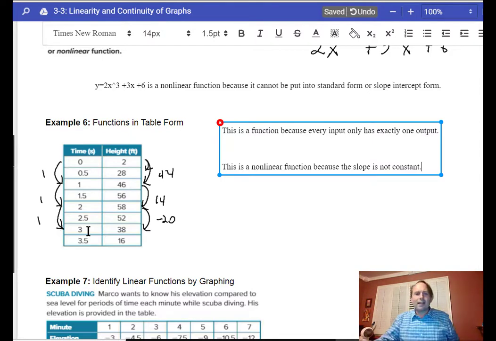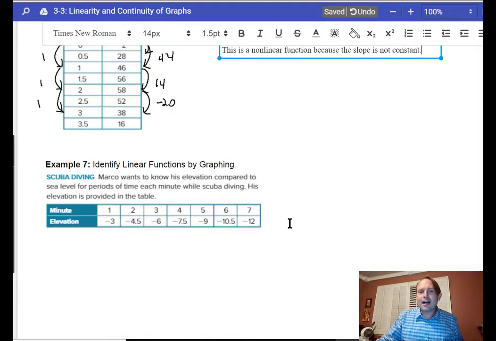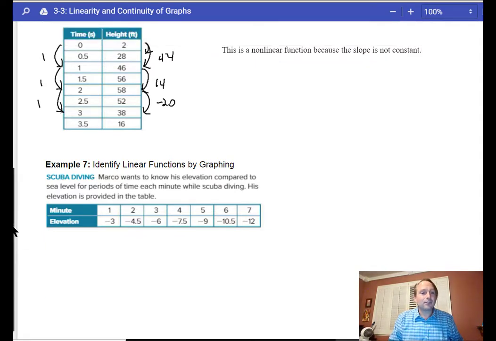All right, last one, everybody. Identify linear functions by graphing. At the moment, I'm going to tell you guys, you don't need to bother with this. However, we're going to show this. Is this a linear function? So this is every one: +1, +1, +1, +1, +1, +1.